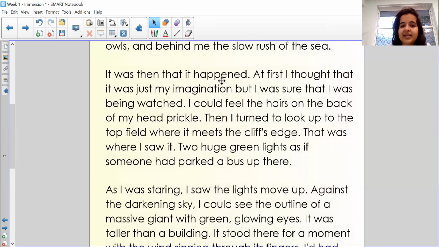It was then that at first I thought that it was just my, long word there, but I was sure that I was being, I could feel the hairs on the back of my head. Then to look up to the top where it meets the cliff's edge. That was where I saw it. 2 green lights. as if someone had a bus up there.